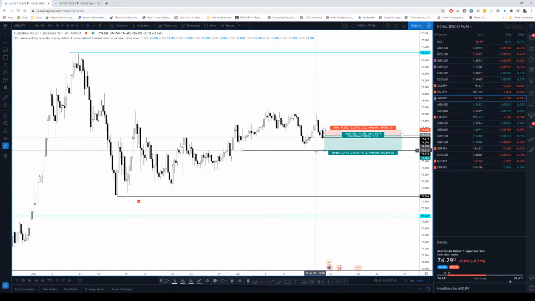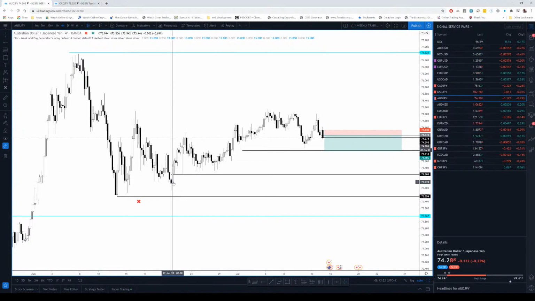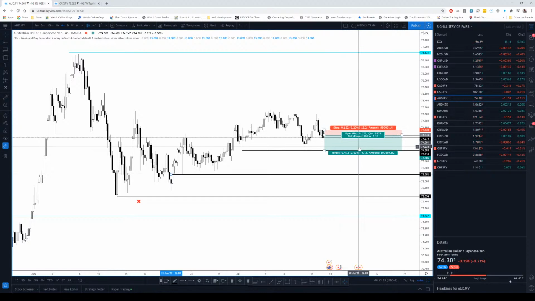I'll take something off in here and I'll take something off here as well. We could get a bounce somewhere in there. Okay, so have this level, this one particularly, there will be a bounce and then it will come back down again.